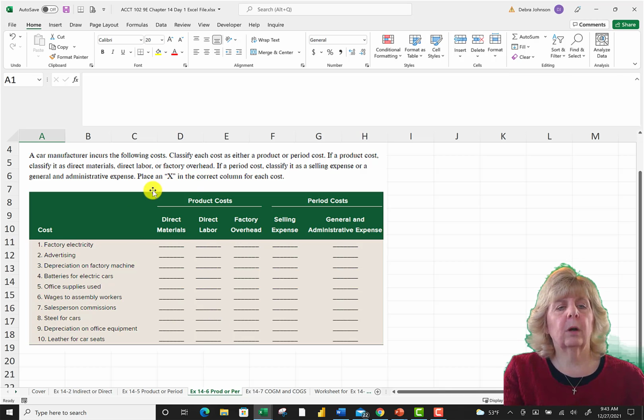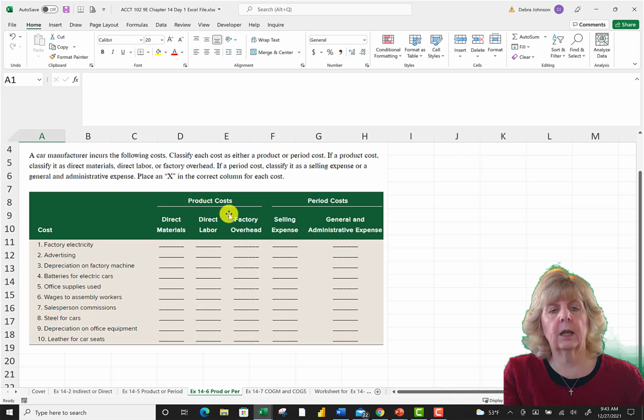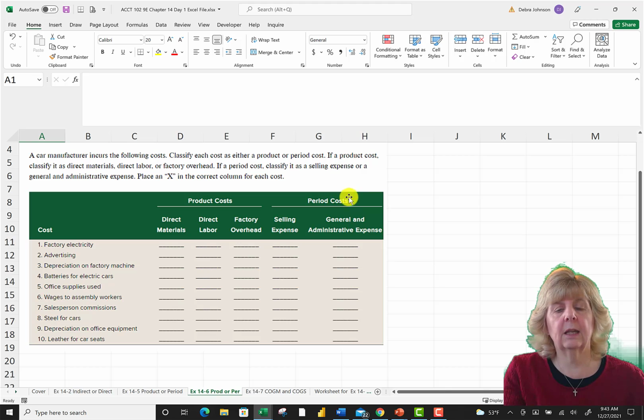If it is a product cost, he wants you to further classify it as direct materials, direct labor, or factory overhead. On the flip side, if it is a period cost and it has no future value and those costs do not take place in the factory environment, then it's considered a period cost.